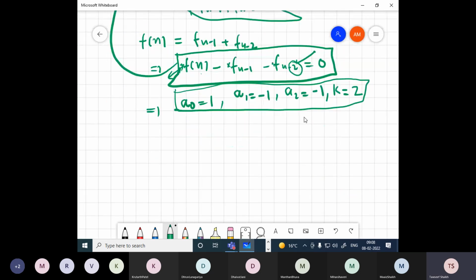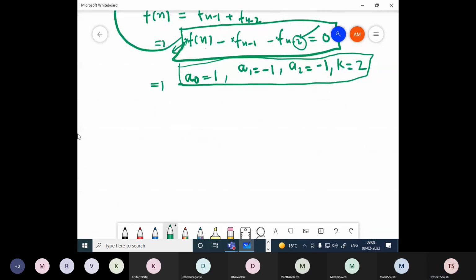Now the step number two is that there is a polynomial solution given to these homogeneous linear recurrences. There is a polynomial which is given, which becomes the solution for these type of recurrences.